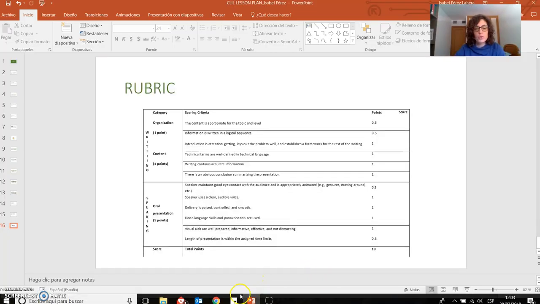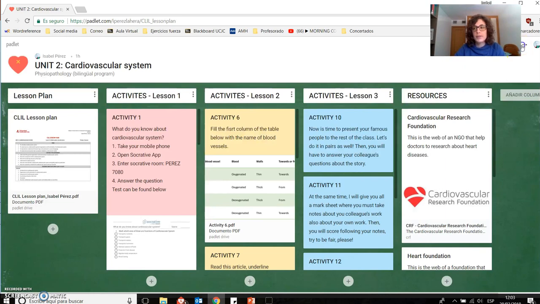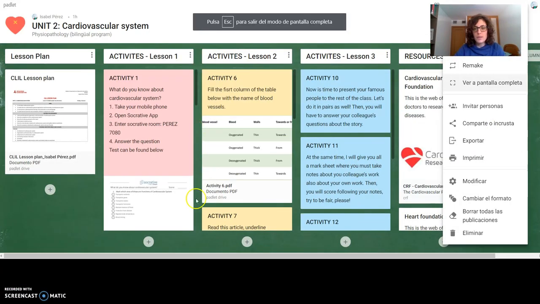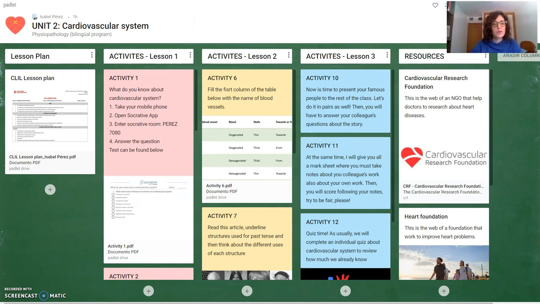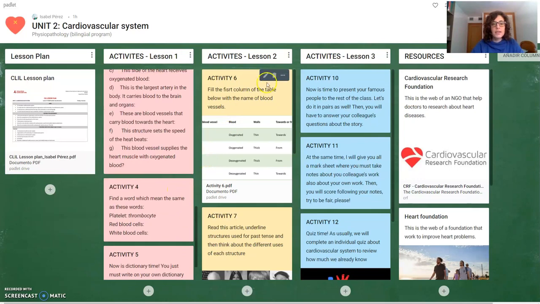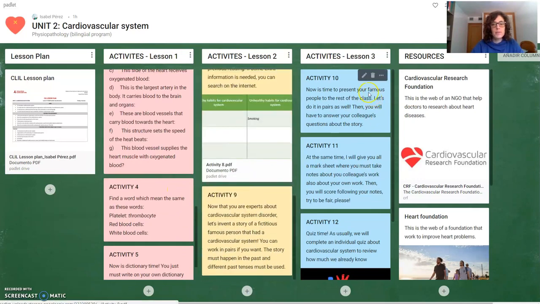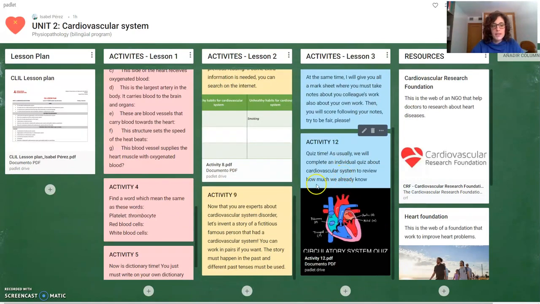Now I'm going to show you the Padlet that I have created with all the activities they have to do. So I have included firstly the lesson plan, then first lesson activities, second lesson activities, and third lesson activities.